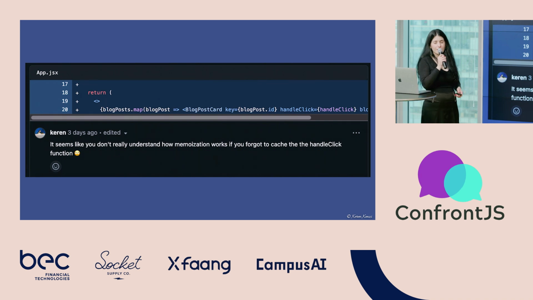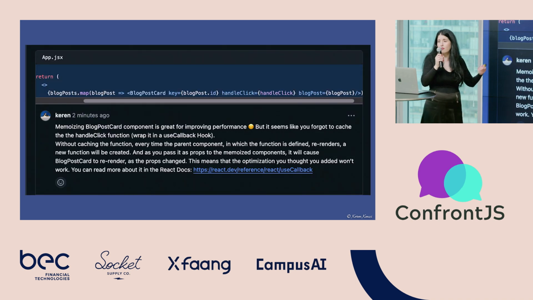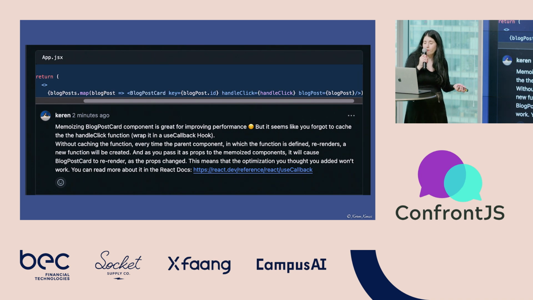So I can be a jerk and leave this kind of message, like it seems that you don't really realize how memoization works if you forgot to wrap the function in useCallback. Or I can be a nice person and leverage it as an opportunity to teach my colleague. It depends, like, if he just happened to forget about it, or maybe this is a junior developer who is not that familiar with React, maybe he just switched to React.